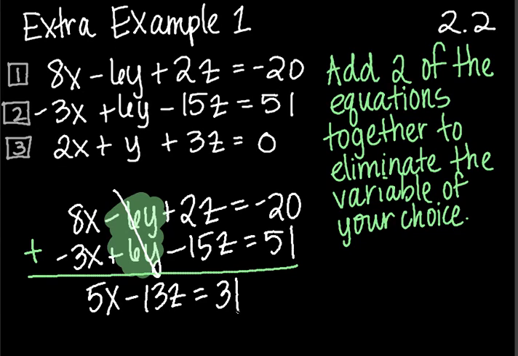So the next thing that we're going to do is choose 2 different equations to eliminate the same variable from. So since we eliminated y the first time, we're going to eliminate y the second time. So I'm going to use equation 1 and equation 3.